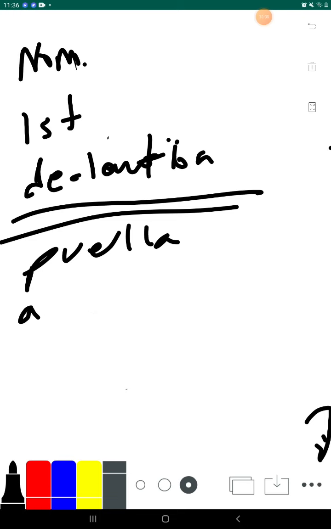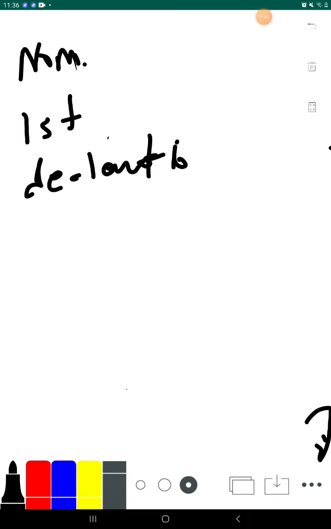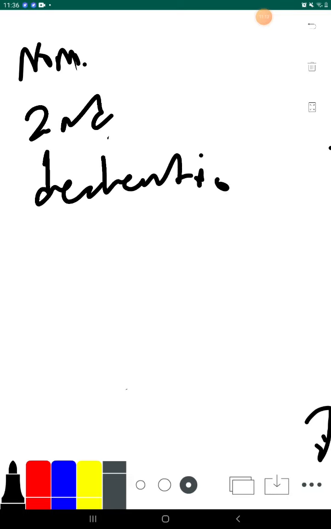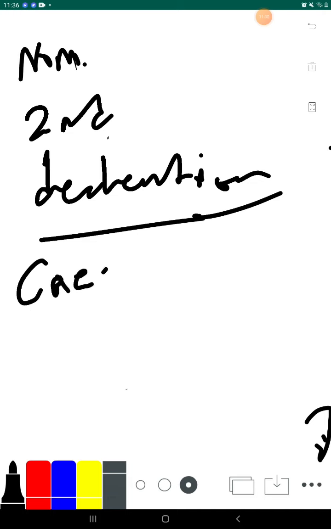The first declension is just a word you need to keep in the back of your head. There's not only the first declension, but the second declension. So the second declension is words like, say, let me just get a name, Caecilius. He was a very rich Roman man. You see how it ends in US?